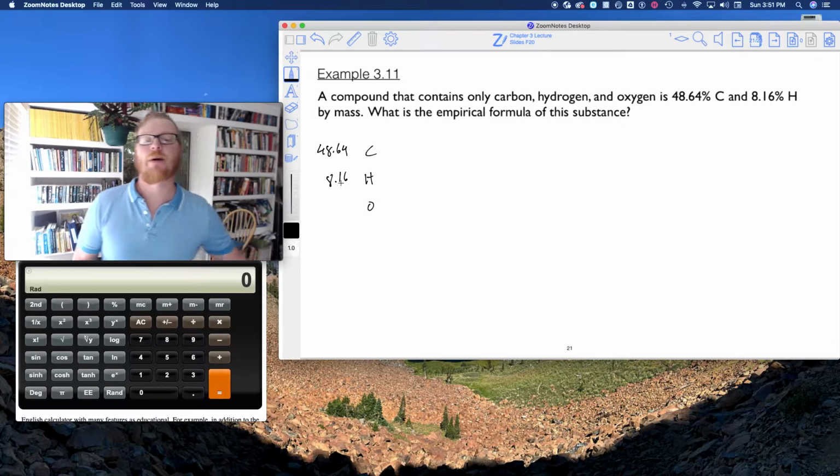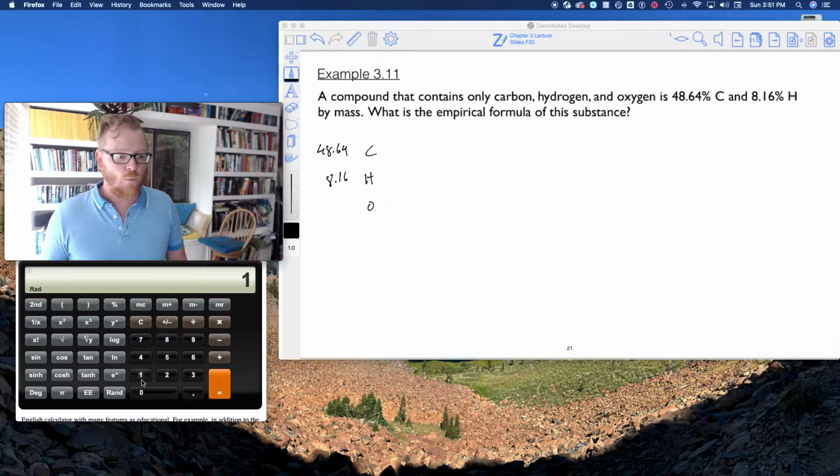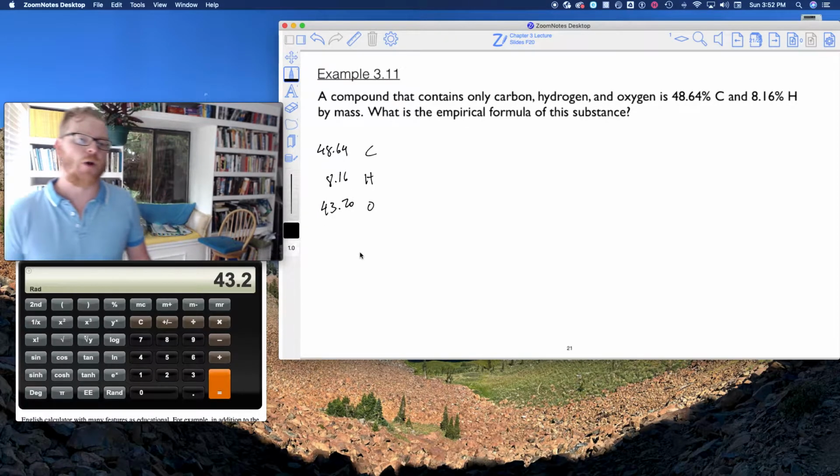Because if we're saying the compound only contains carbon, hydrogen, and oxygen, and we were given the percentages, then we know that we can say, for example, 100 minus 8.16 minus 48.64, and then I know the rest of it has got to be 43.20.